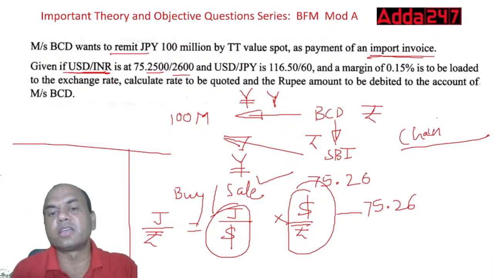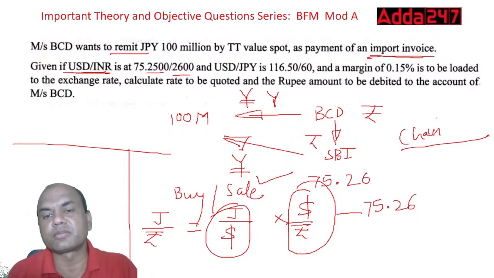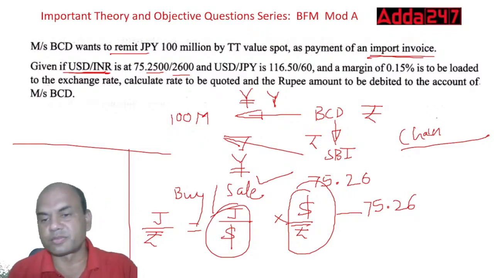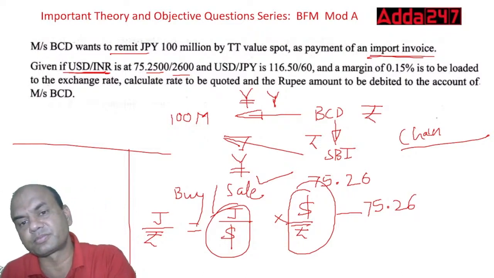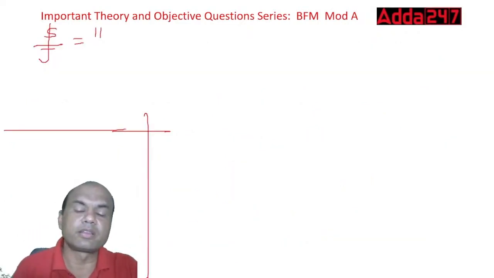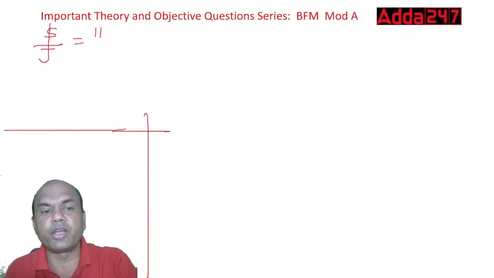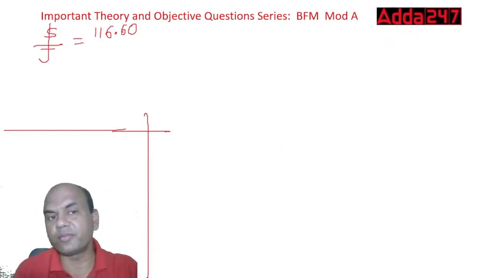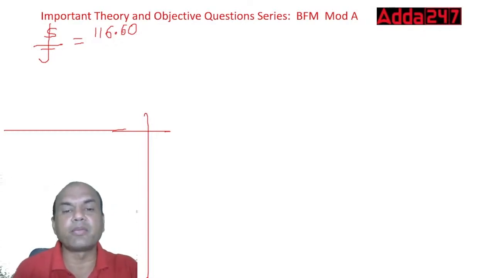116.50 or 60? Everyone, 50 or 60? What is it I am having? What should I take? I'll take 116.60. Sale rate I want. Okay. So if dollar to JPY I am having, and what do I want?